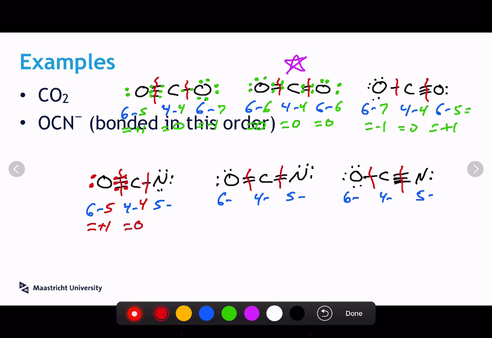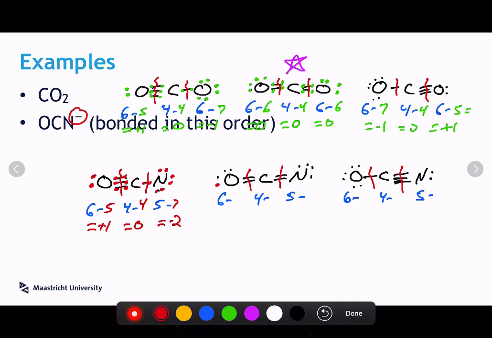Then for nitrogen, we have 7, so 5 minus 7 is equal to minus 2. We can see that the sum of those is equal to minus 1, which is what we need to end up with since the overall charge is minus 1. Okay, let's look at the middle one.